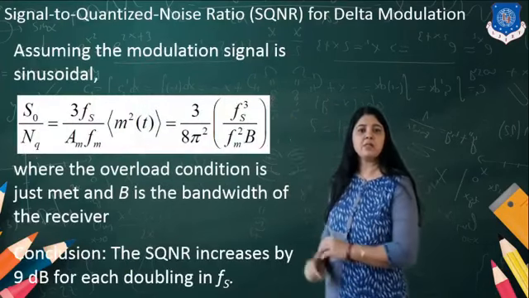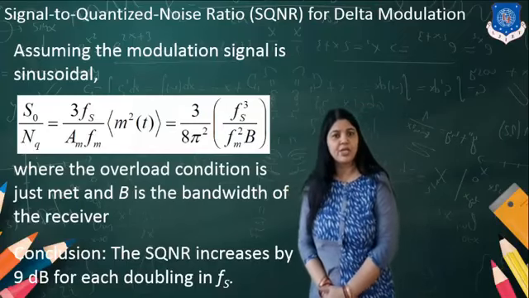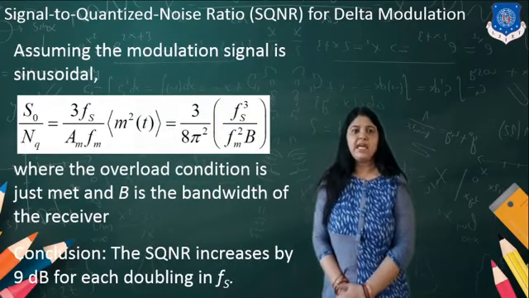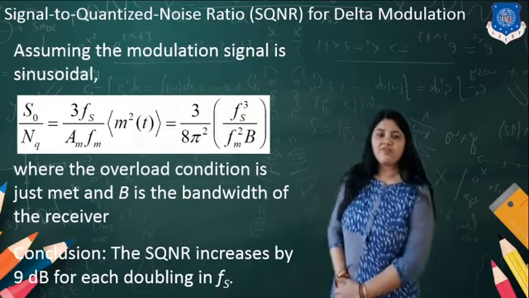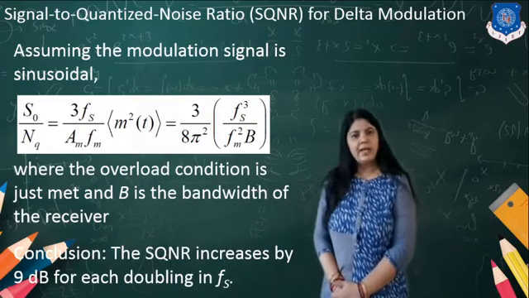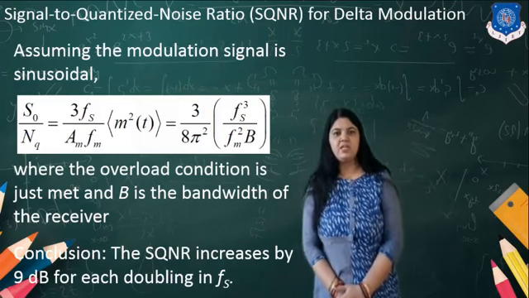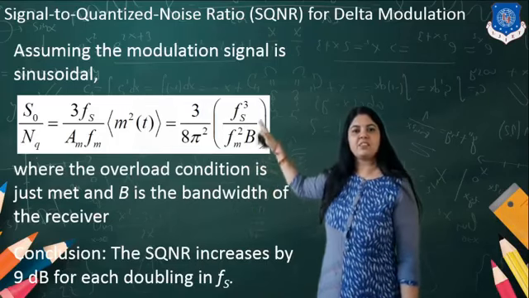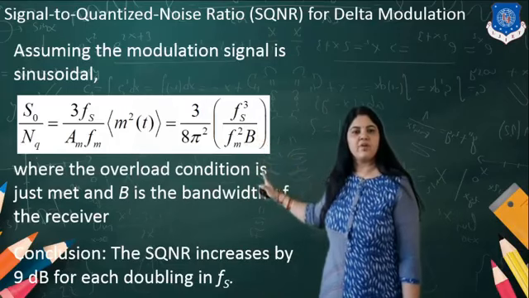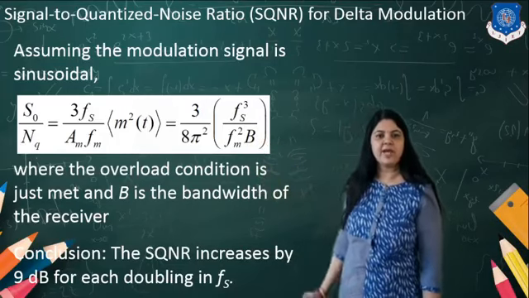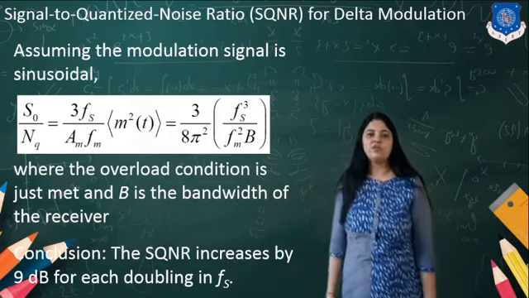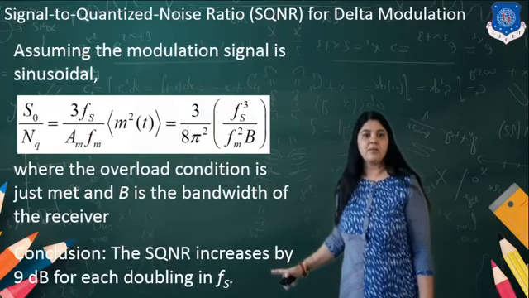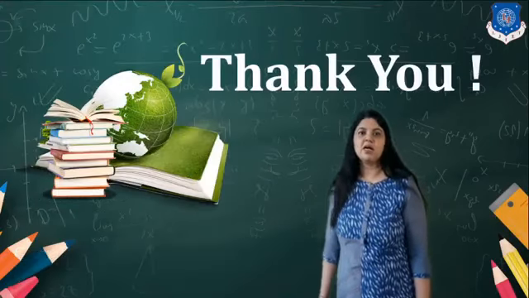Assuming the modulating signal is sinusoidal, then S0 by Nq is 3 Fs upon Am fm from the previous value, and the time average of m square t. We have the value 3 upon 8 pi square, Fs cube upon fm square B, where the overload condition is just met and B is the bandwidth of the receiver. So SQNR increases by 9 dB for each doubling in Fs.